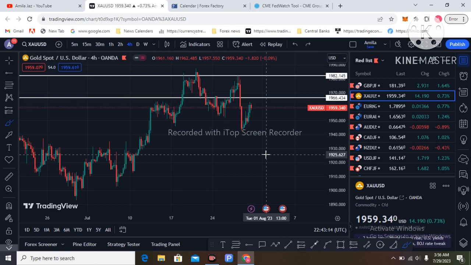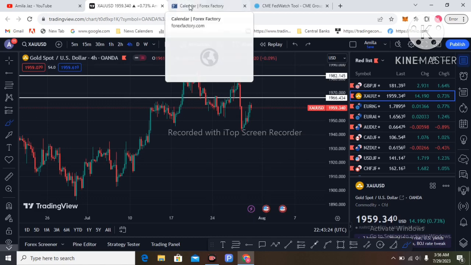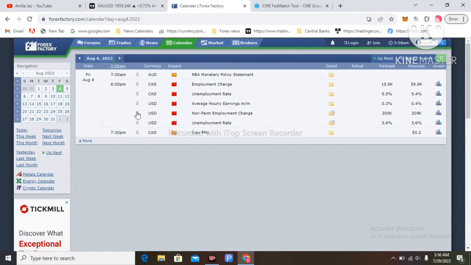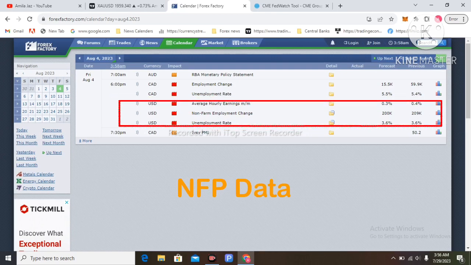So let's move to next week's economic data. What is important, and what should you watch in gold trading regarding the US dollar? Next week, on Friday, August 4th, there is a hugely volatile economic event: the non-farm employment change regarding the US dollar, and also the unemployment rate.